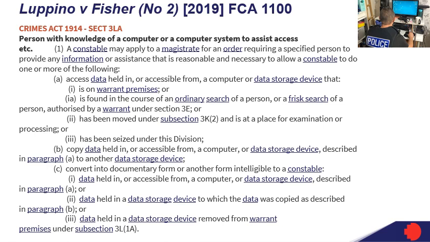It talks about accessing the data held in it or accessible from a data storage device. So you can see that it can be including such a device found in the course of a search authorized by a warrant under section 3E, which was the search from Daniel Lupino's car. That was one of those, the 3E.